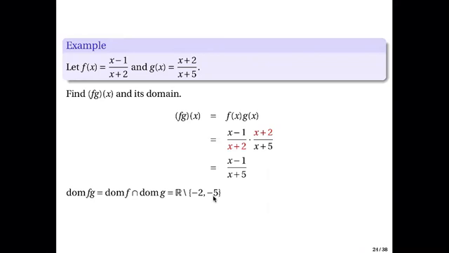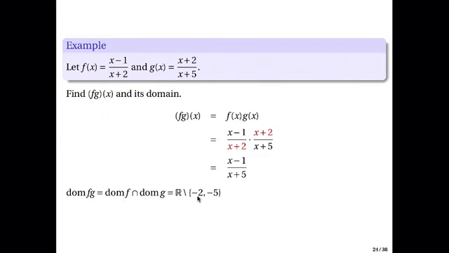Now, you might ask, Sir, why in the simplification of the product fg do we only have the denominator x plus 5? This rational expression here means that the domain is just the set of real numbers except negative 5. But why do we remove negative 2 from the set of real numbers? Again, it's because, coming from the definition, you need to get the intersection of the domain of f and the domain of g.